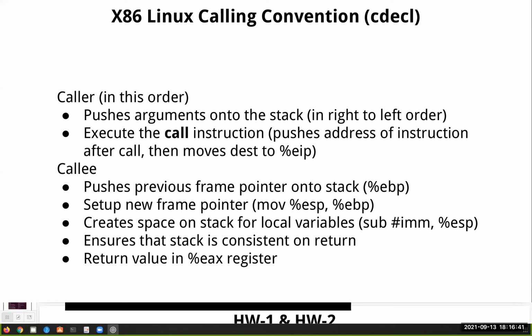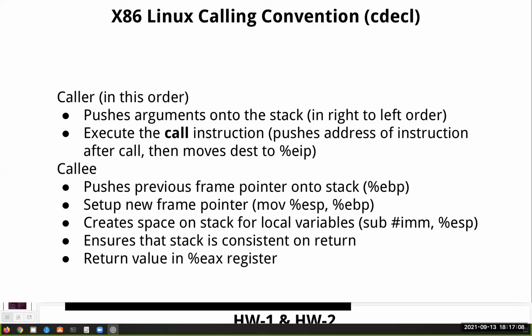In this calling convention, in the previous example, we have a main function and a func. The main function calls the function func, so main is the caller, func is the callee. The caller will push the arguments onto the stack, in right-to-left order if there is more than one argument, one by one.